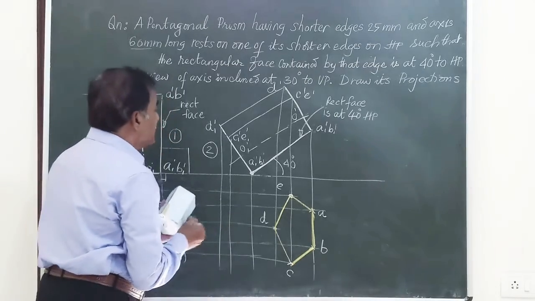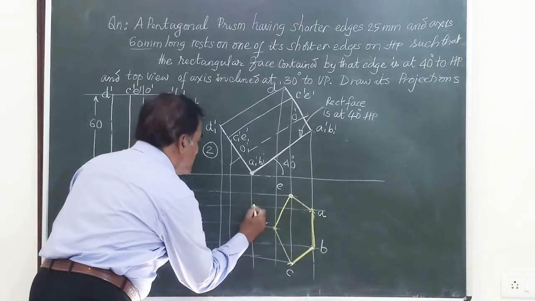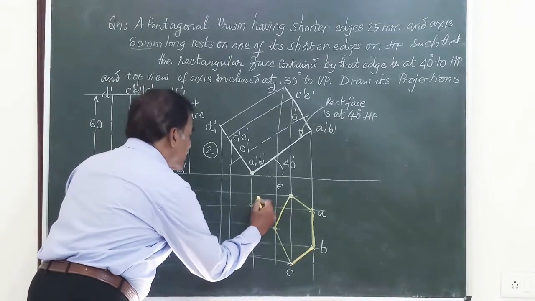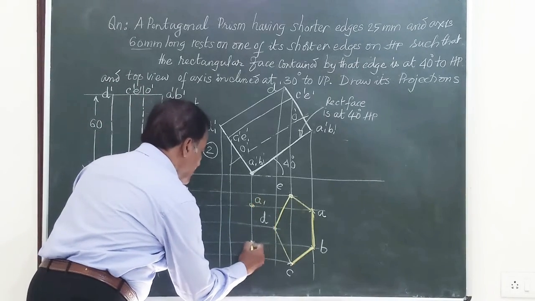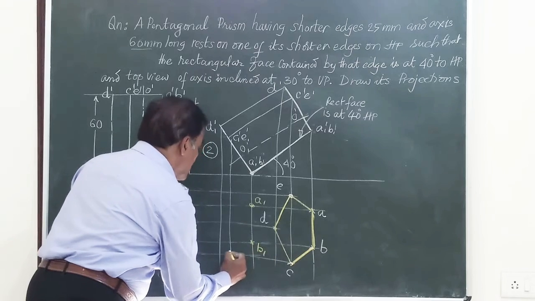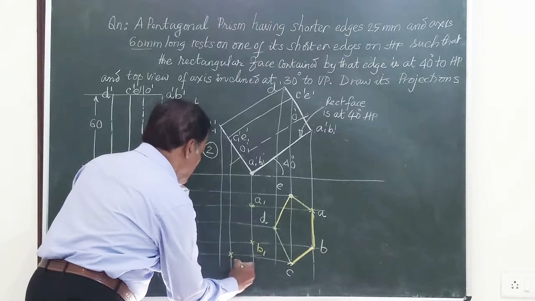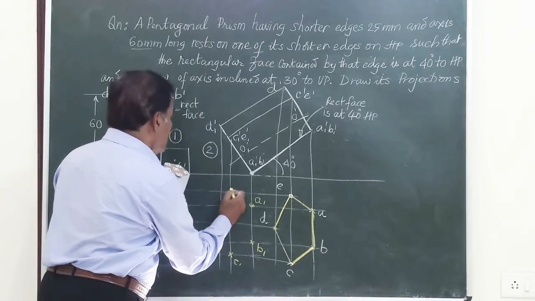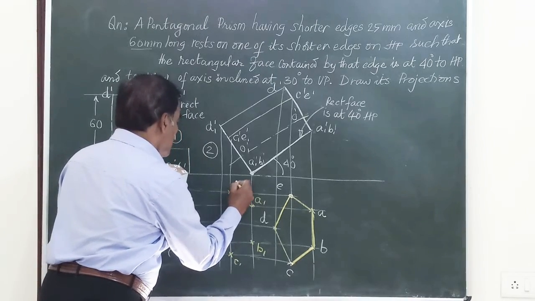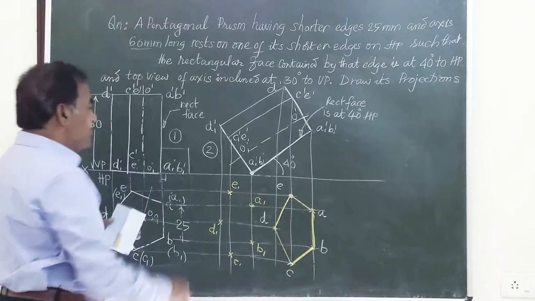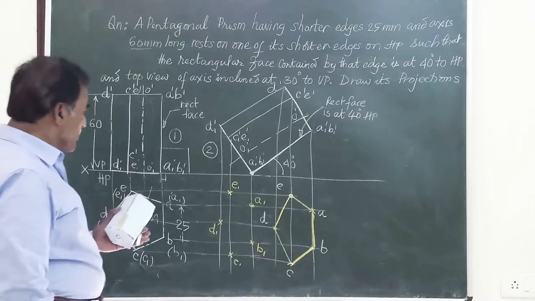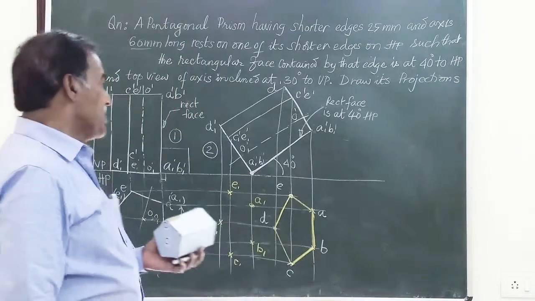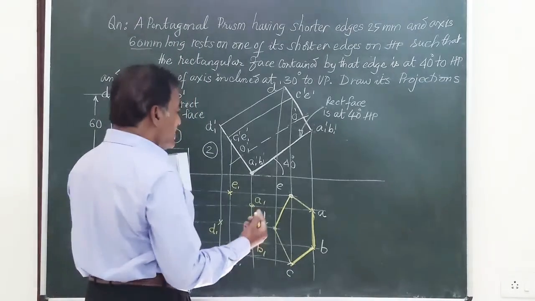So here this is going to be A1. This point is B1. This is C1. Point D1. And this point is E1. So I've got all the 5 points, and you know very well the borders, the outlines of the figure or the solid are completely visible.